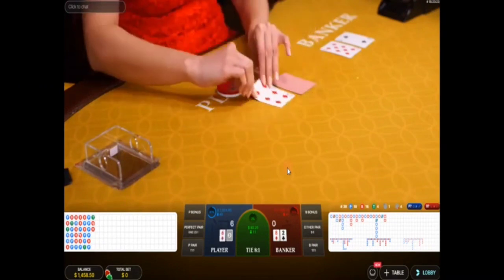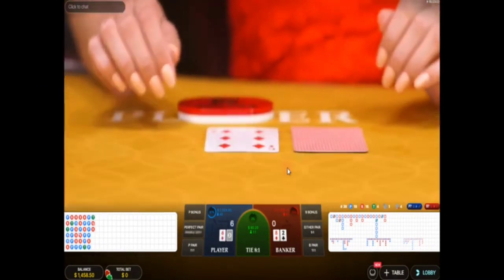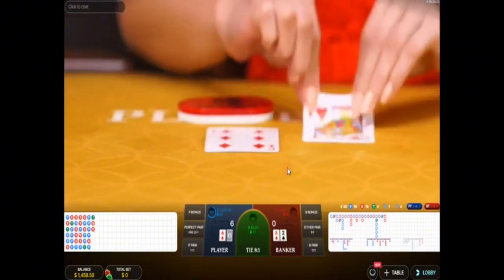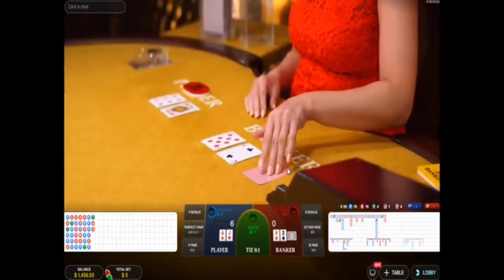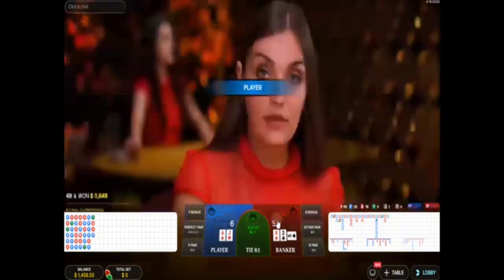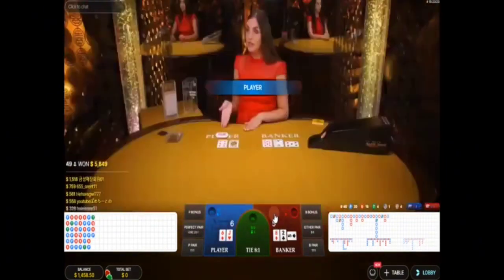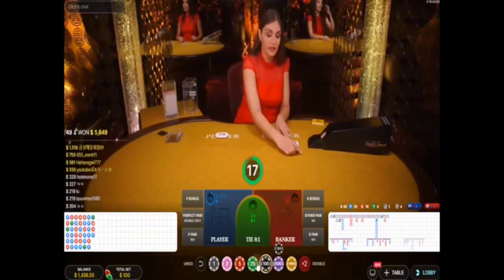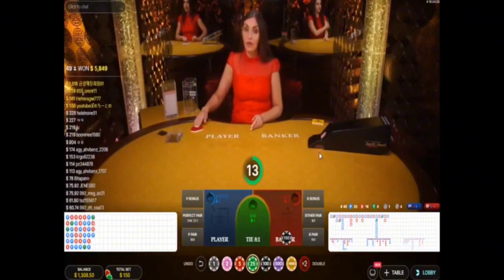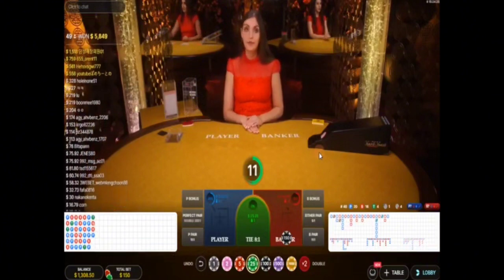Then the third bet, or the third hand in your try, is based on where it comes out on the banker. All right, so banker is going to be our next bet because it's an odd number. All right, here we go, guys. This is it. This is a big bet here, guys.